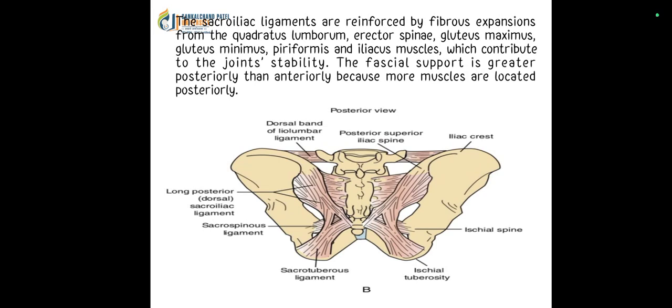The sacroiliac ligaments are reinforced by fibrous expansions from the quadratus lumborum, erector spinae, gluteus maximus, gluteus minimus, piriformis, and iliacus muscles, which contribute to joint stability. The fascial support is greater posteriorly than anteriorly because more muscles are located posteriorly.